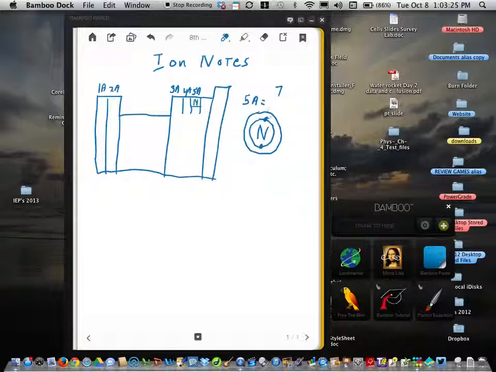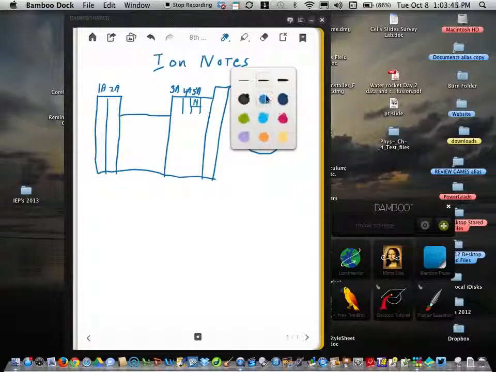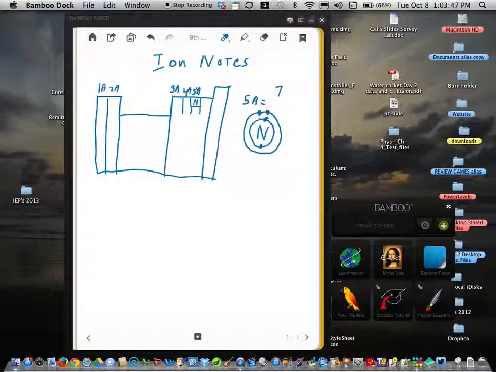Well, if it has 2 here, it must have 5 more to get to 7. So in the outer energy level, there are 5 electrons, just like the group number indicated. I'm going to draw 2 on the top and 3 around this outer edge here.